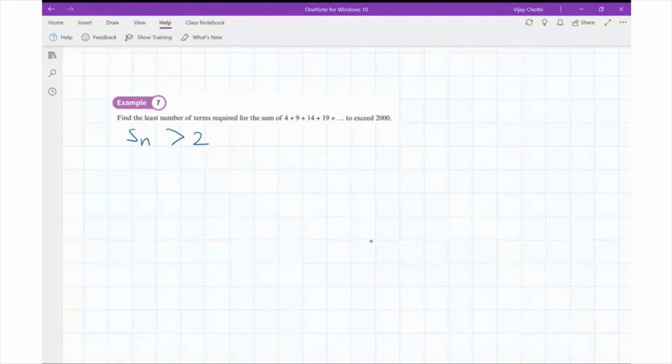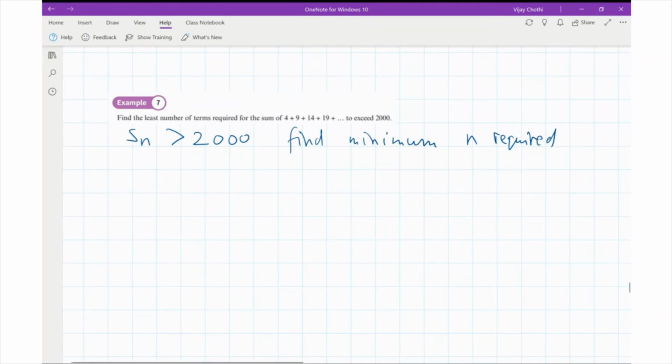You want to know the least number of terms, so you want to know the smallest value of n, the minimum n required. Okay, so that's the inequality you're trying to solve, and you want to find the smallest value of n for which this inequality is true.